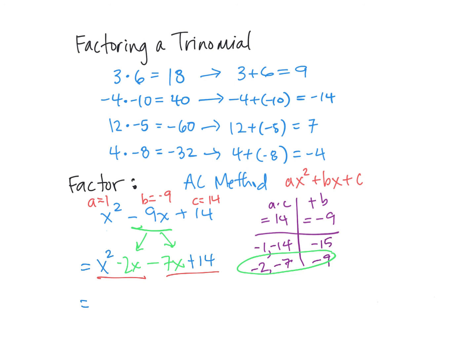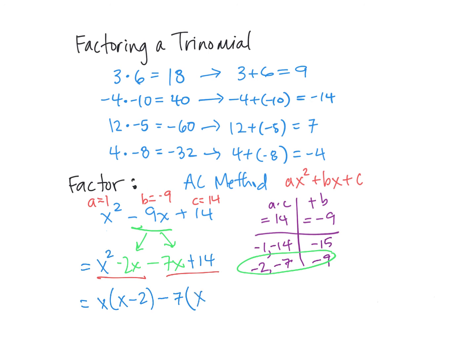From the first two terms, the only common factor I have is x. So to divide it out leaves x minus 2 behind. The third term is minus, so I'm going to bring down that minus. In other words, both 7 and 14 are divisible by 7. So divide out a -7 from those two terms. -7x divided by -7 is positive x.